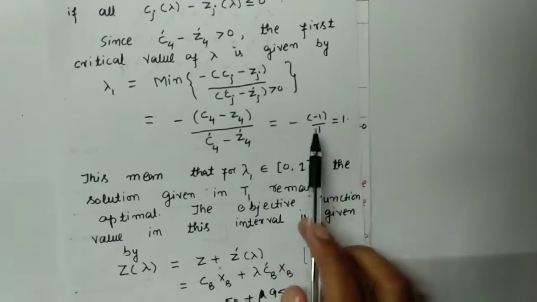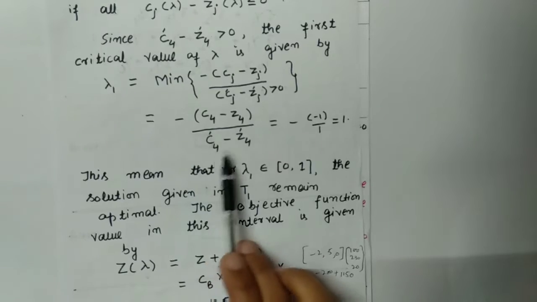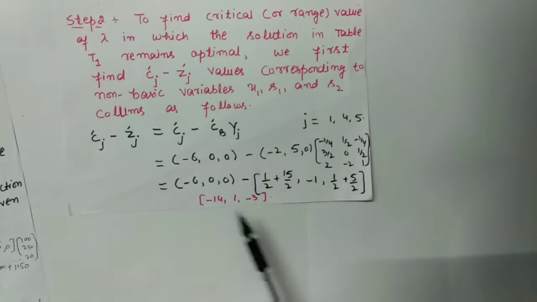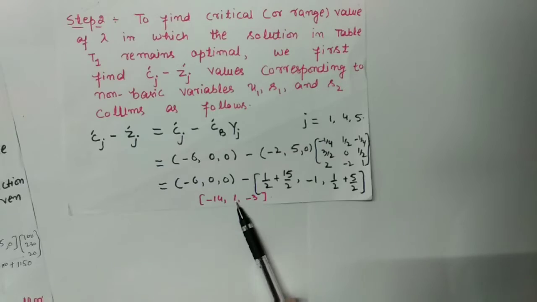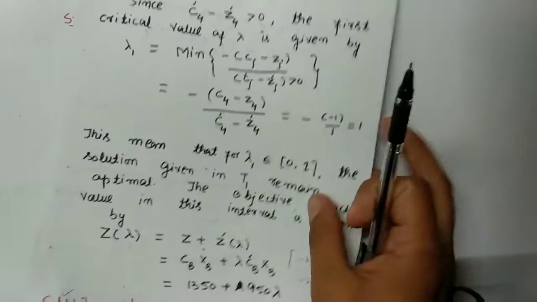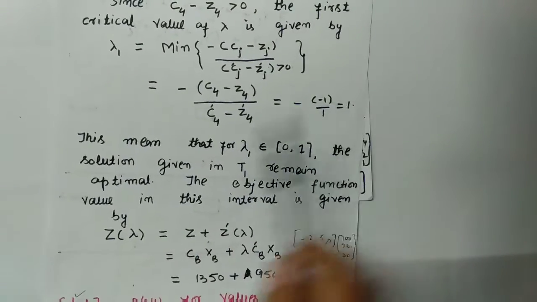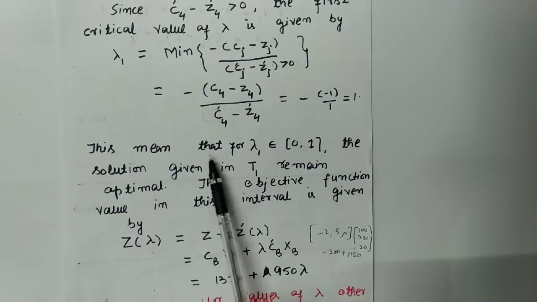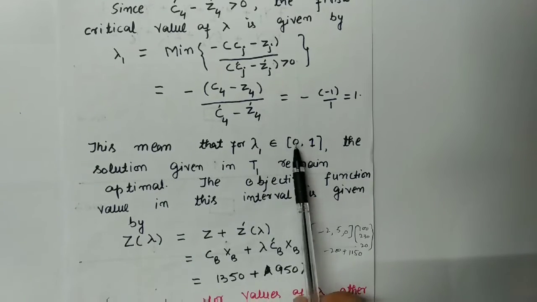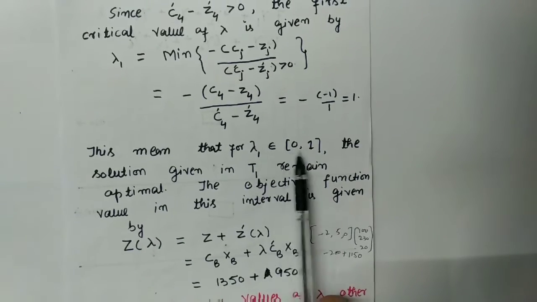So I had written here -1 divided by C dash 4 minus Z dash 4. Here C dash 4 minus Z dash 4, corresponding to S1, is 1. So I had written here 1. Now this means that lambda 1 belongs to the interval 0 to 1. Why this interval?